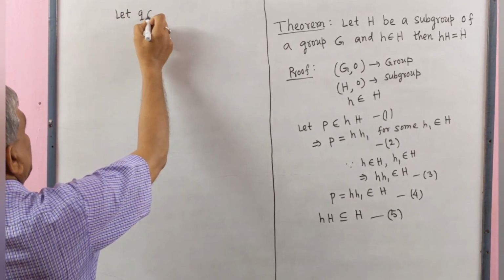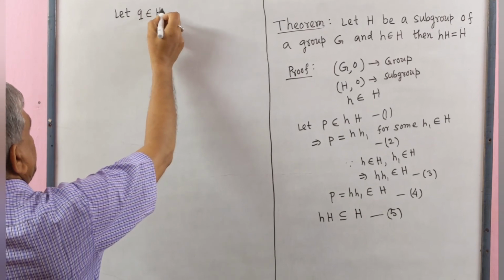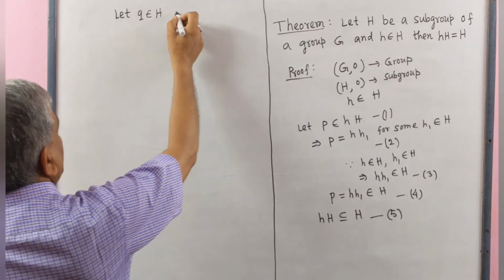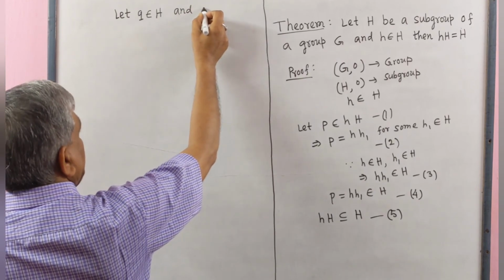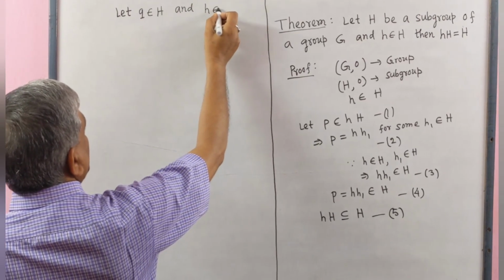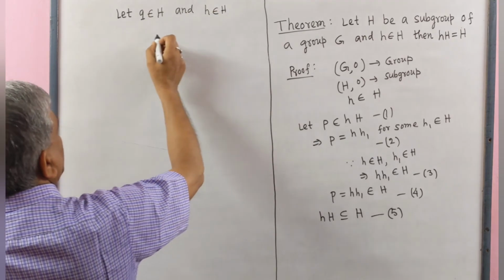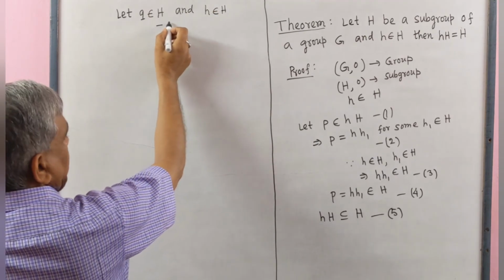Let Q belong to capital H, and since small h belongs to capital H, let this be number 6.